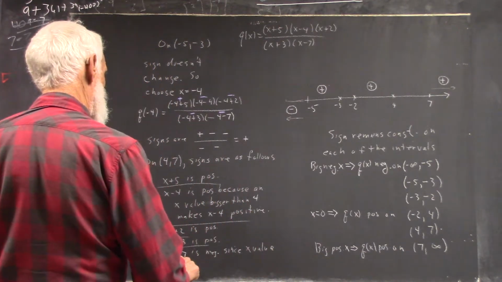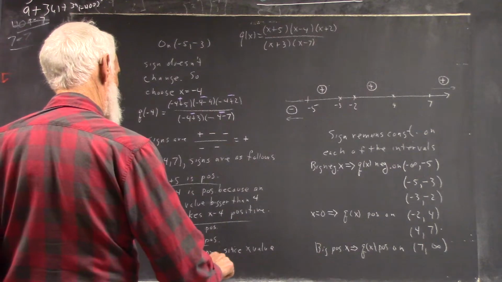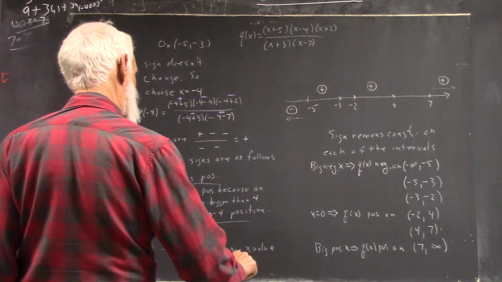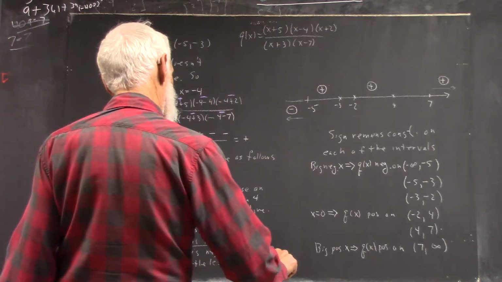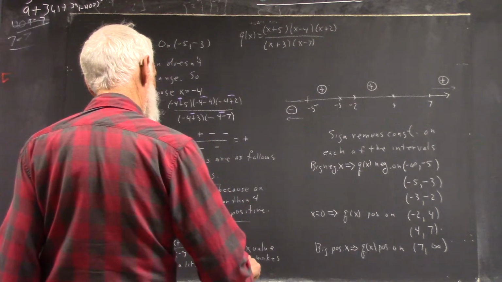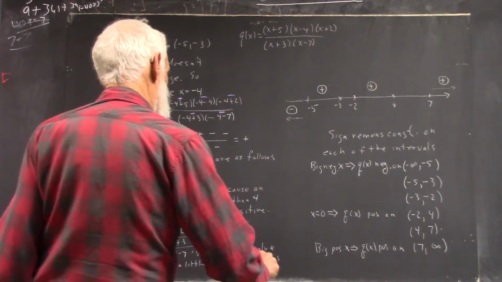Since the x value a little less than 7 makes x minus 7 negative.